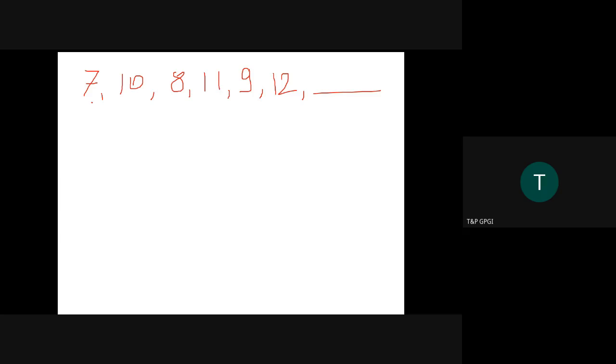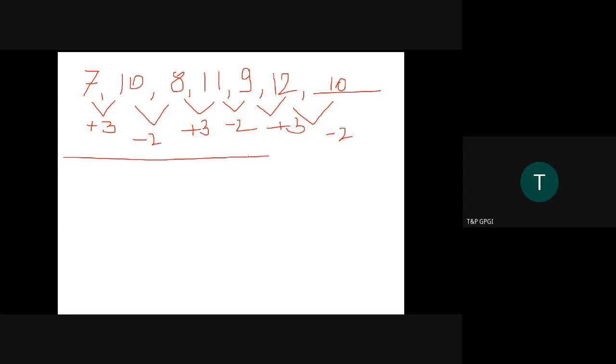Now see, 7 plus 3, 10. 10 minus 2, 8. 8 plus 3, 11. 11 minus 2, 9. 9 plus 3, 12, and next will come 12 minus 2, that should be 10. So 10 will be the answer here. So you can observe, such simple questions can also come alternatively. A 3, 2, 3, 2 series is going on.